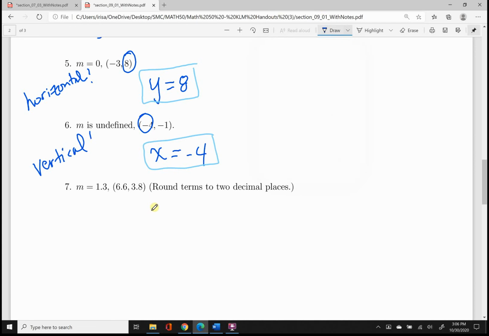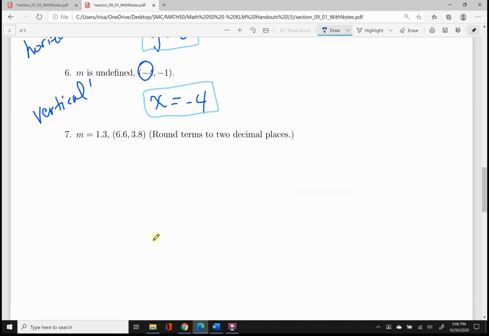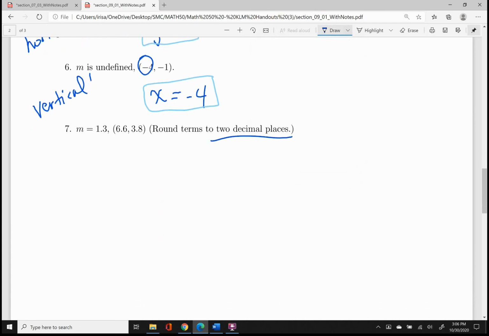Next. Ooh, we've got some decimals. We need to round to 2 decimal places. Okay, that's great. So our slope is given, then we're given a point in addition to that. So point slope formula is where it's at. Here's y equals y1, which is y minus y1. Oh my goodness, getting ahead of myself. Where's the eraser? Get rid of that.